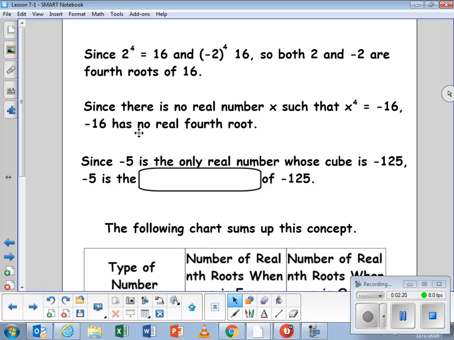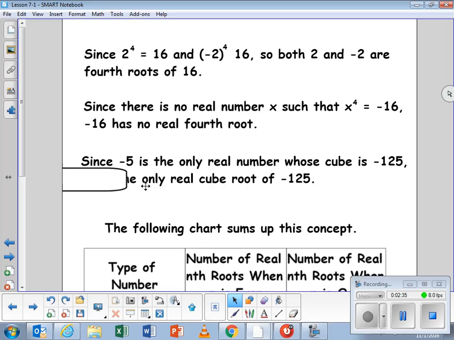Good. Since negative 5 is the only real number whose cube is negative 125, negative 5 is the only real cube root of negative 125.